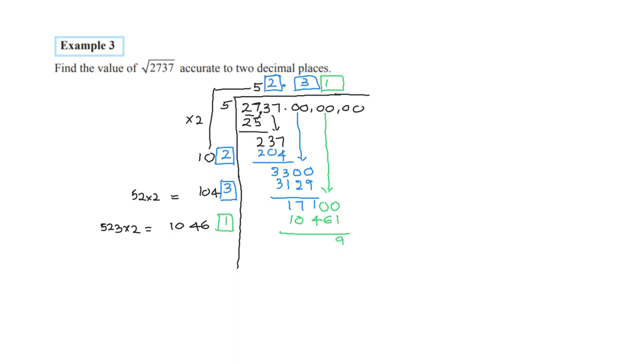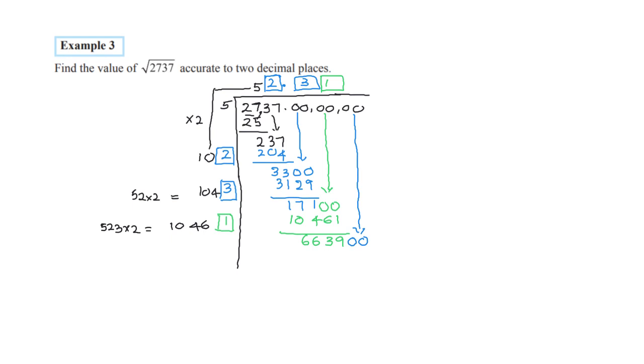Then you have 9, you have 3, you have 6 and again 6. Then you have to take another pair of zeros there. This one go down, another pair of zeros we add there.